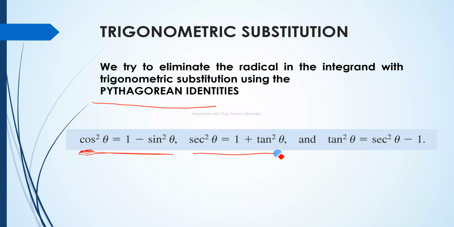We also have secant squared theta is equal to 1 plus tangent squared theta, and tangent squared theta is equal to secant squared theta minus 1. So, just two formulas are used here. We have the Pythagorean identity sine squared plus cosine squared is equal to 1, and then tangent squared theta plus 1 is equal to secant squared theta, and then we just transpose.